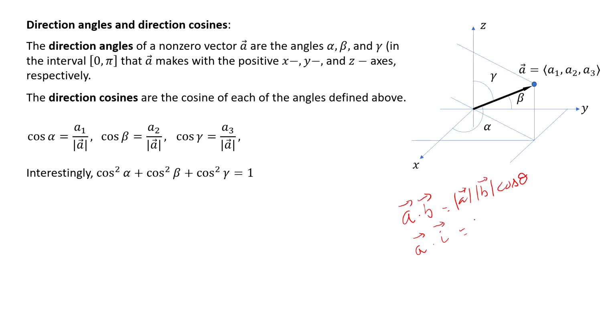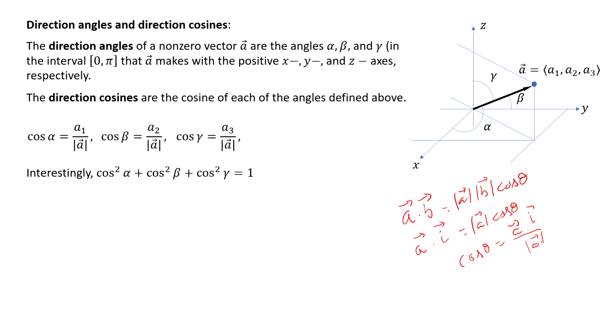Then we would have magnitude of A times cosine theta, because the magnitude of i is just 1. So cosine theta is going to be vector A dotted with i divided by the magnitude of A.